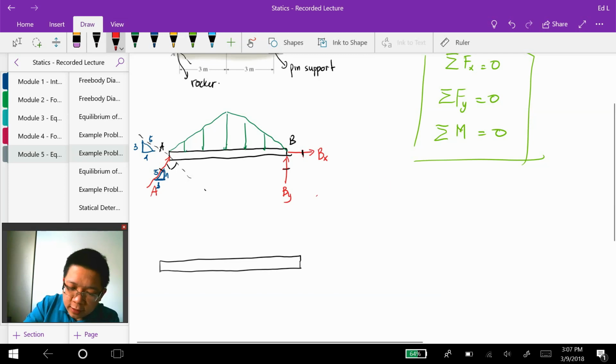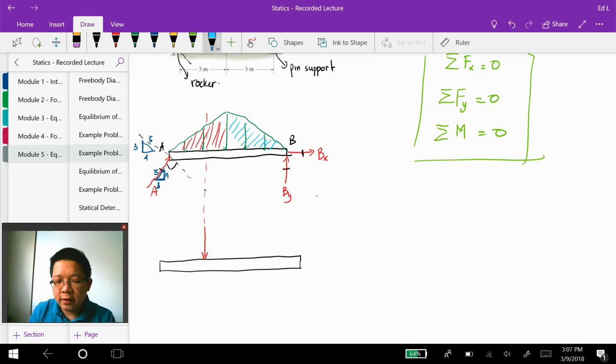The first one is when we calculate the area over here, we will obtain one resultant force located right there. Then if we calculate this area on the right side, we are going to obtain another resultant force that has a similar magnitude.